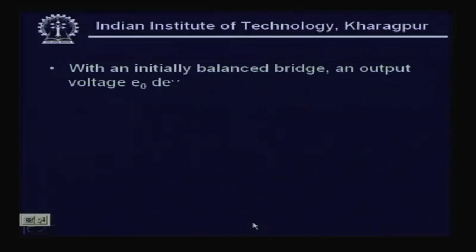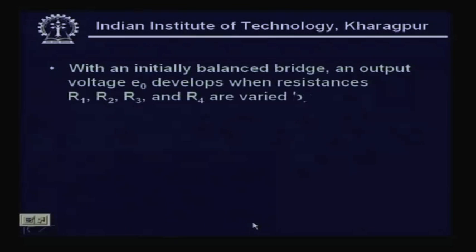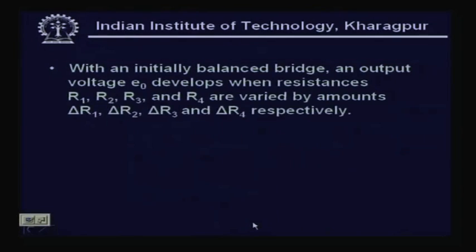Now, with an initially balanced bridge, the output voltage E0 develops when the resistances R1, R2, R3 and R4 are varied by the amounts delta R1, delta R2, delta R3 and delta R4 respectively.